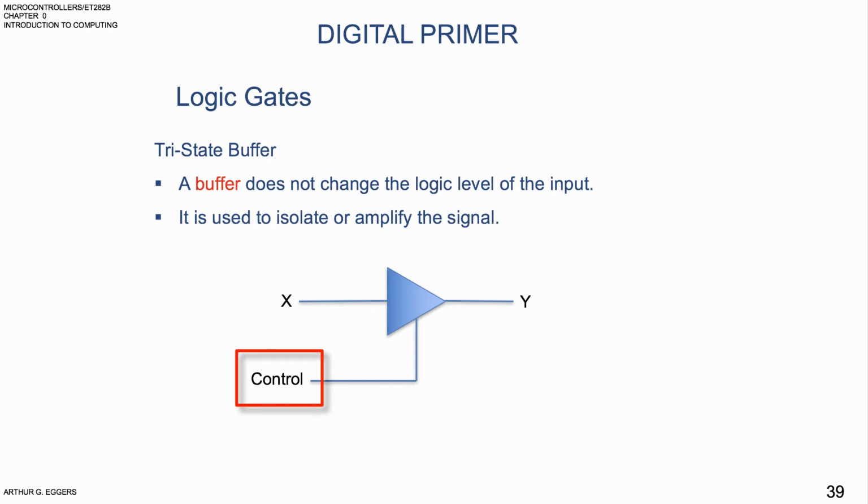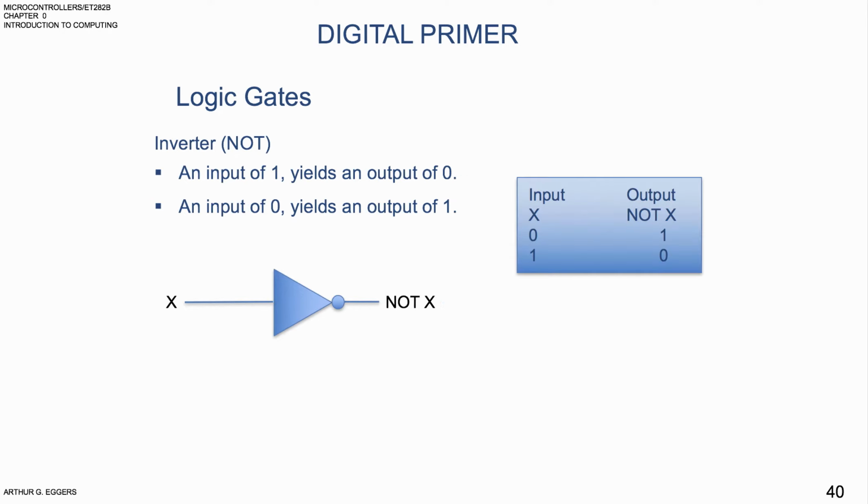It does not change the output from X to Y. The inverter, you can see that bubble on the output. You'll recall the bubble is telling you that whatever came in on X is no longer what it was. It's been inverted. So if it comes in as a 1, it goes out as a 0. If it comes in as a 0, it goes out as a 1.